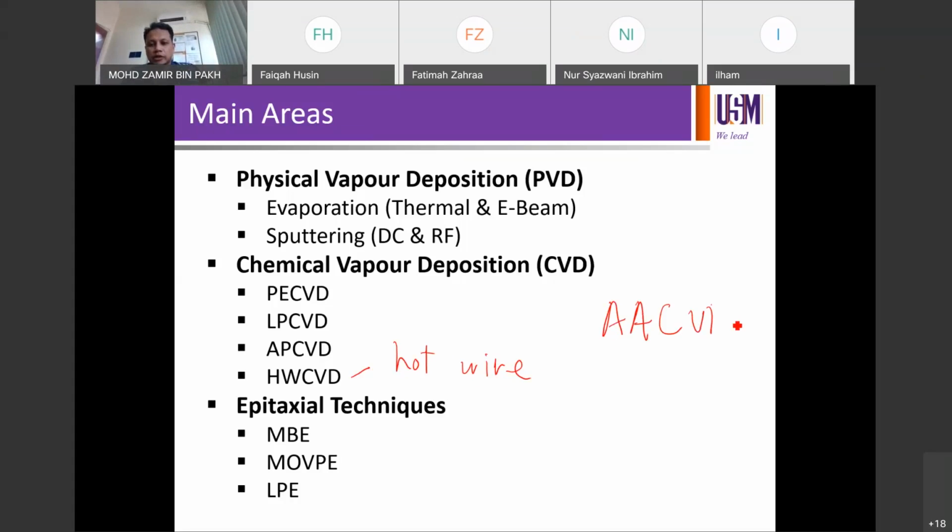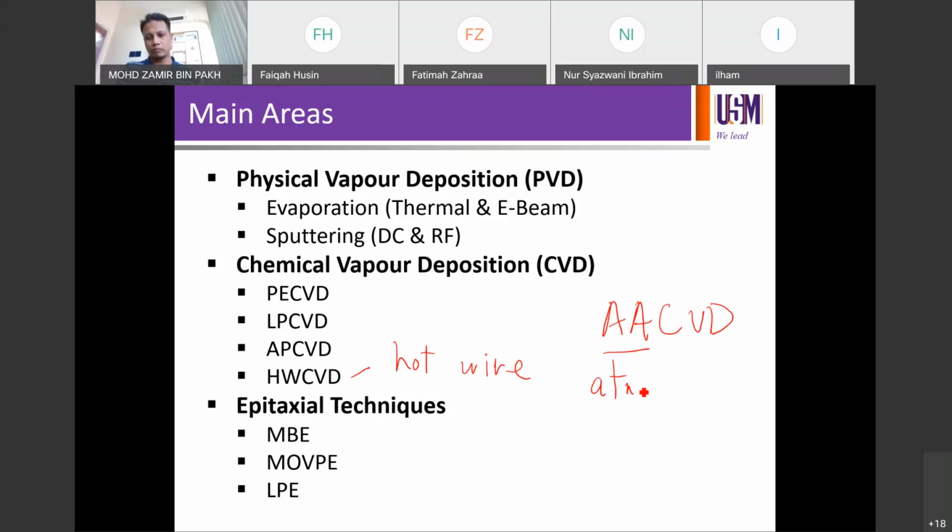I didn't put everything, I only added what I could remember, because there's a range of CVD methods. The moment scientists find a new CVD approach, they name it with a new name, and then they publish, and the next scientist comes in and cites the name, and it becomes a new method. AACVD is atmospheric assisted CVD.